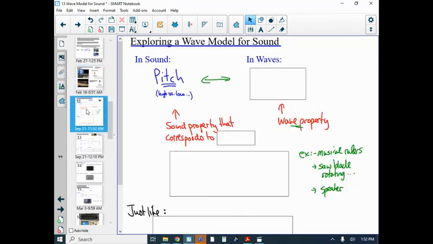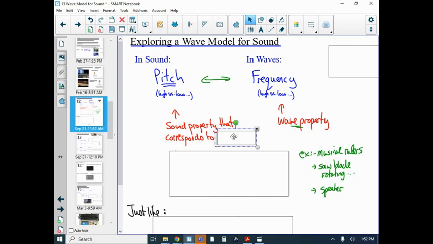So next step here then, to kind of nail some of this down, we're going to explore a wave model for sound. And so we're going to look at pitch in sound versus frequency. So we've already seen with musical rulers and things like that the faster the frequency, the higher pitch it sounds. And so the sound property that corresponds to frequency is called pitch.